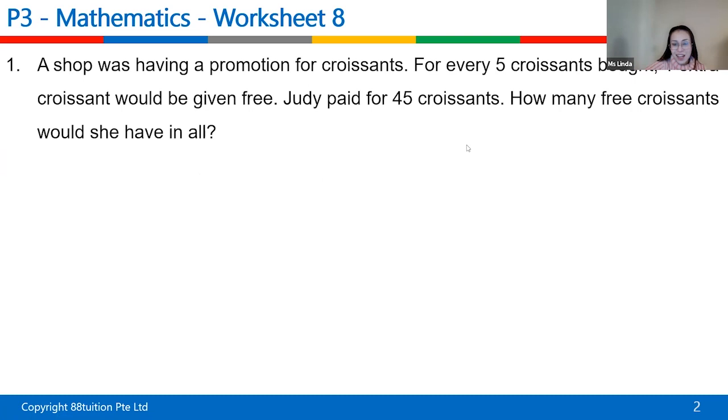A shop was having a promotion for croissants. Do you know what a croissant is? It's actually a French name. I don't know if Singapore still has it. It's been a while since I went back, but because of the COVID lockdown, a lot of businesses failed. I don't think I remember seeing Delifrance anymore.